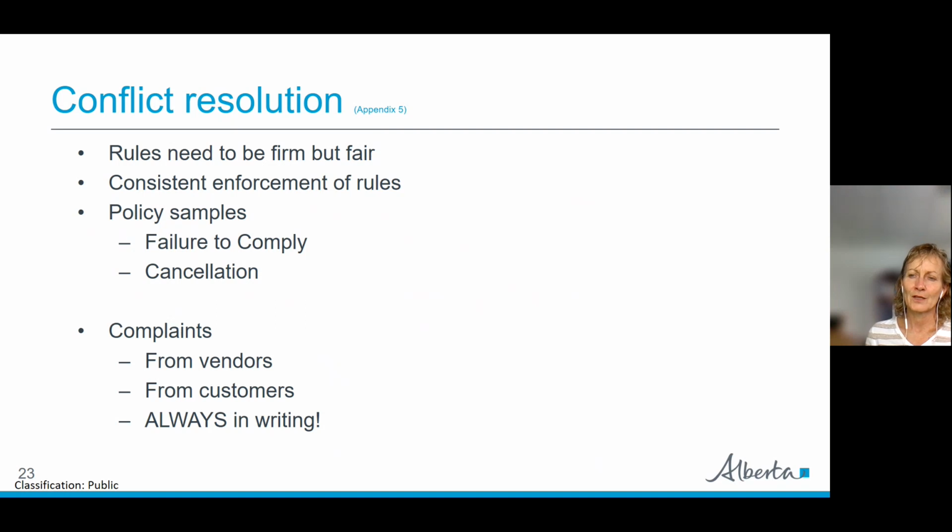There's also the challenge when you look at complaints that come in. You as a market manager can receive complaints from the vendors, from the customers, and dealing with them should always be in writing is a recommendation.